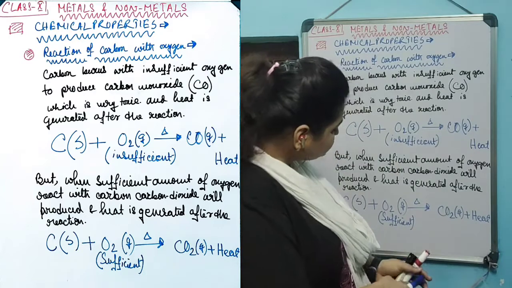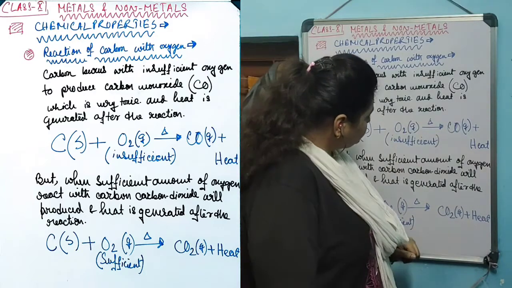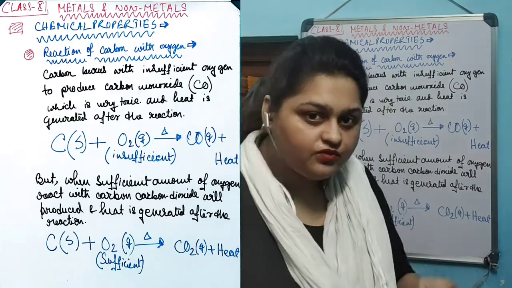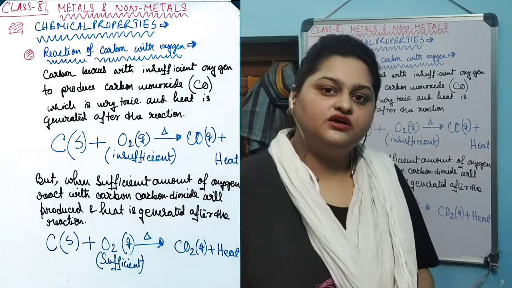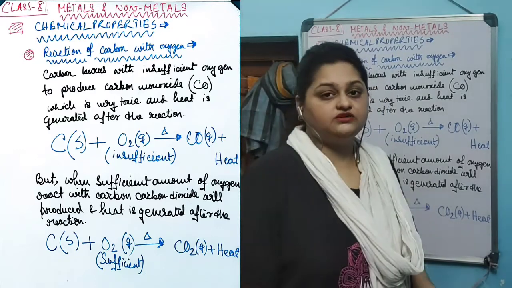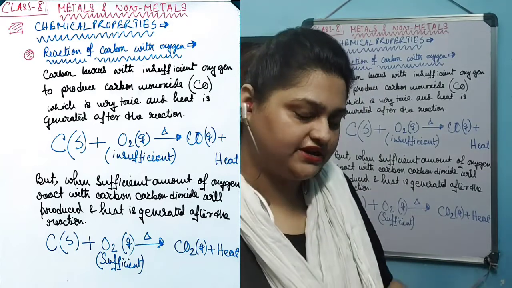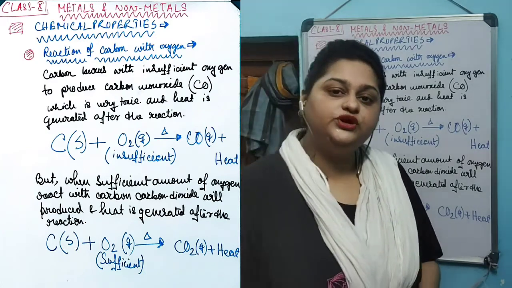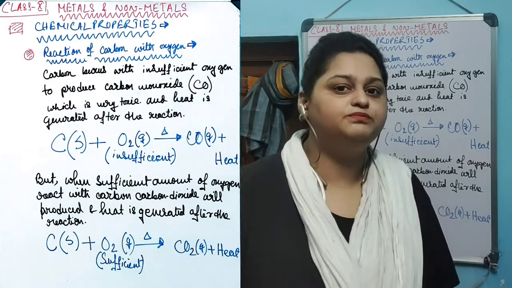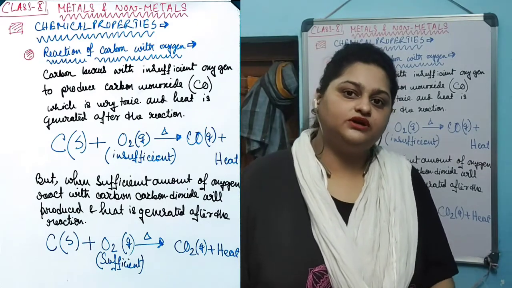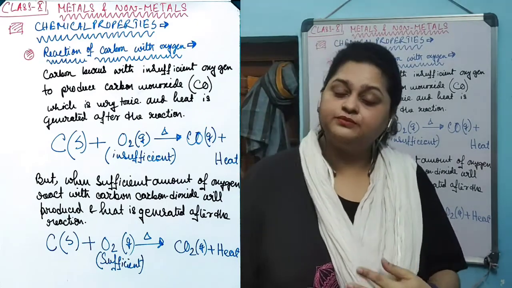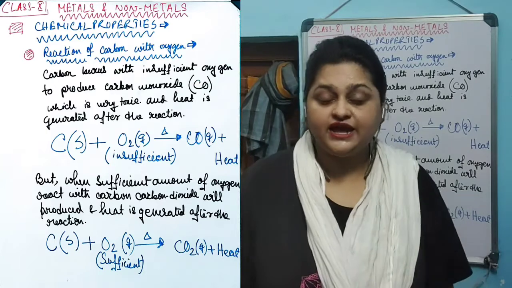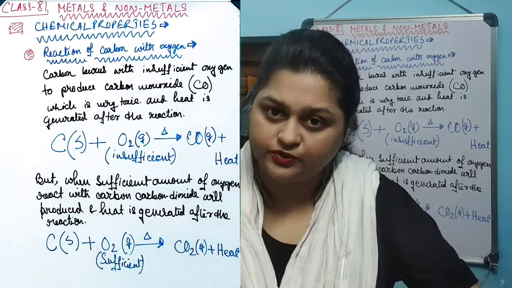Now, these two reactions occur, and we have seen them in nature many times. Like any wood material we use to generate heat, like in village areas even now, or in previous days when we needed to cook our food, we used wood as a burning material. Wood is nothing but a carbon-based compound. So when wood is burning, actually carbon is burning in the presence of oxygen, and carbon dioxide or carbon monoxide is produced.